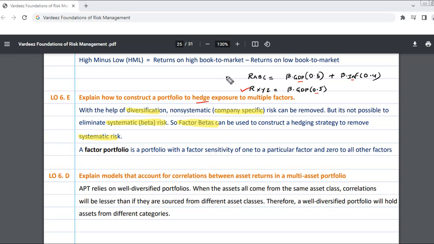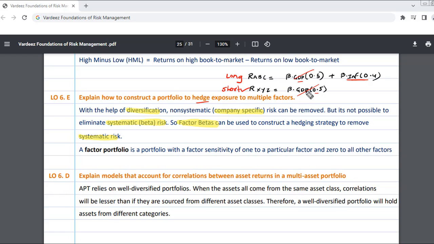So if I am long, if I have already bought this, I can short this other stock, and effectively the GDP exposures will cancel out. The beta sensitivities negate each other, and this is how I am now exposed only to the inflation beta sensitivity. So inflation going up and down will have an effect on my stock.